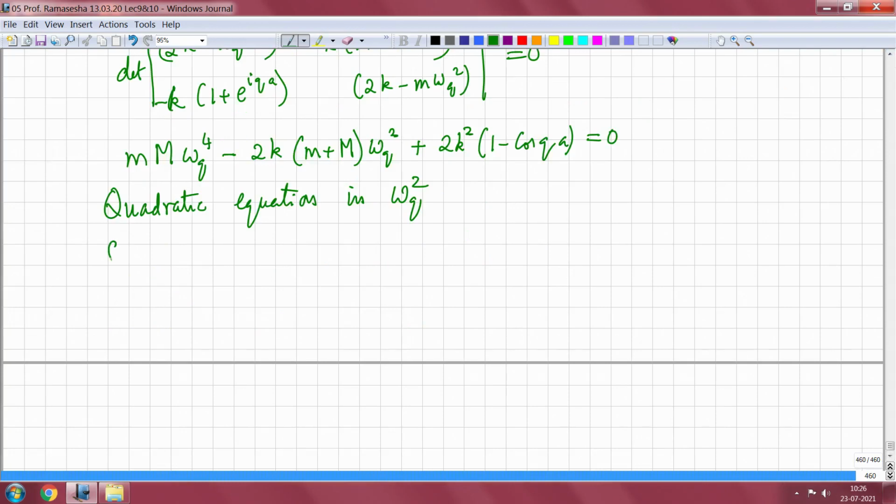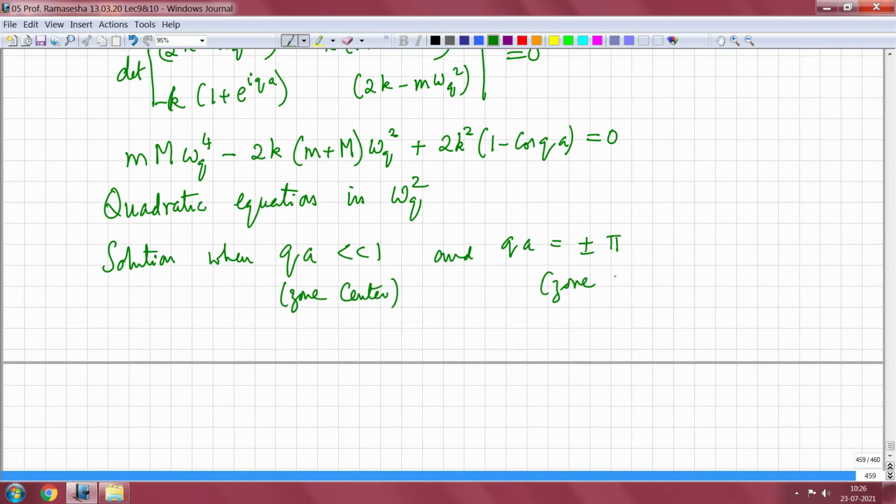One is we want the solution near 0 when qa is far less than 1, and the other is when qa is equal to plus minus pi. So that is at the zone center and at the zone boundaries. This is the zone center and this is the zone boundary.